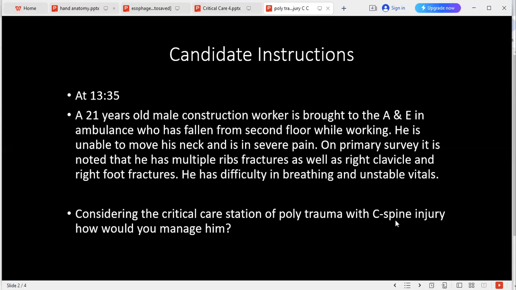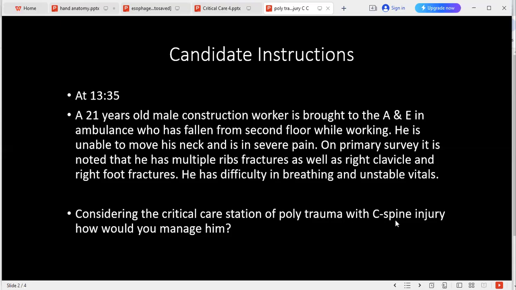Moving on to the breathing, because the patient is having visible breathing difficulty and unstable vitals, how would you rule out the breathing problem? On inspection, I will look out for the trachea, whether there is bilateral chest wall movement, and whether equal expansion is present on both sides.